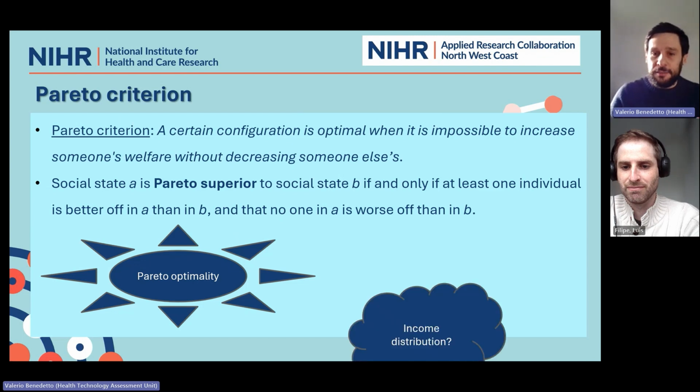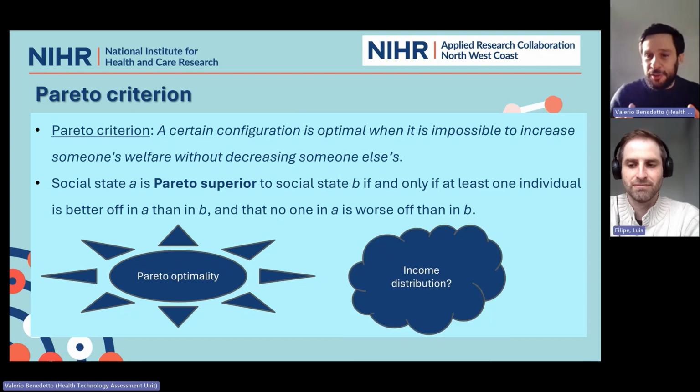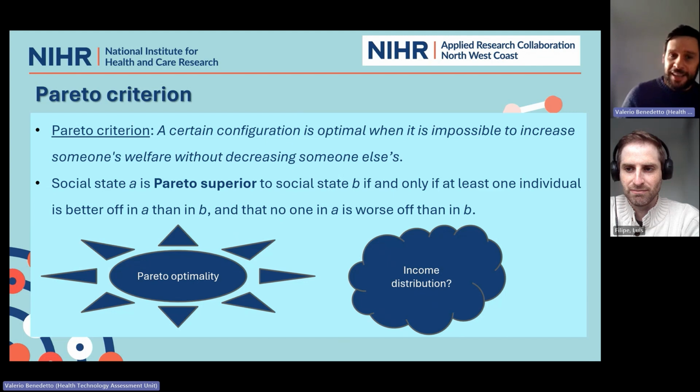So we have this issue around income distribution. Again, we have this distinction between allocative efficiency and fairness, which has not been resolved by either a Bentham approach or a Pareto approach.